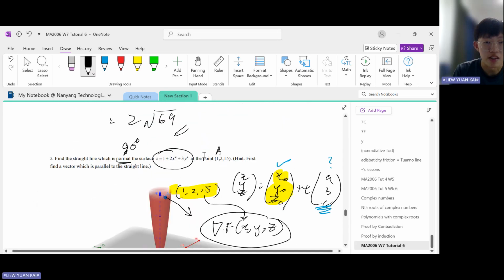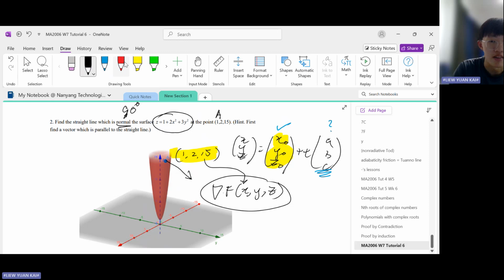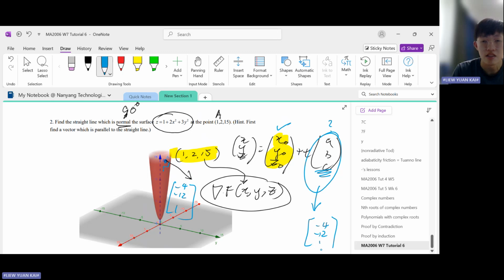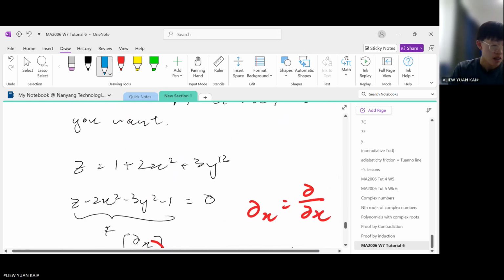At the point (1, 2, 15), the vector (-4, -12, 1) is normal to the surface, 90 degrees to the surface. That means this (a, b, c) is actually (-4, -12, 1). So this is how you do this question.